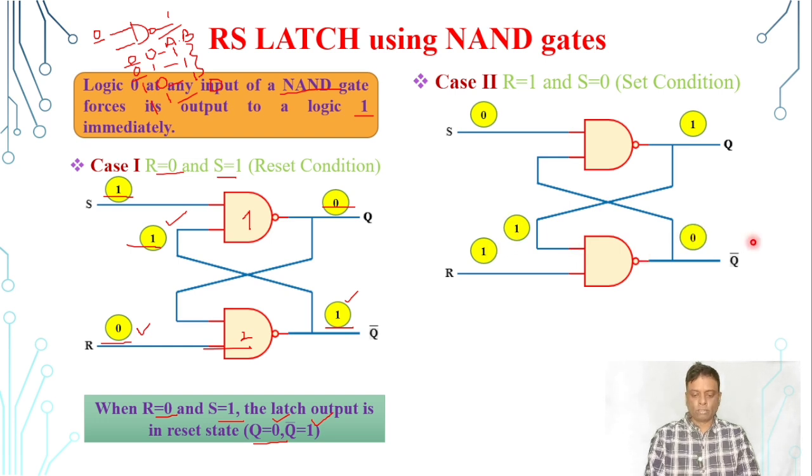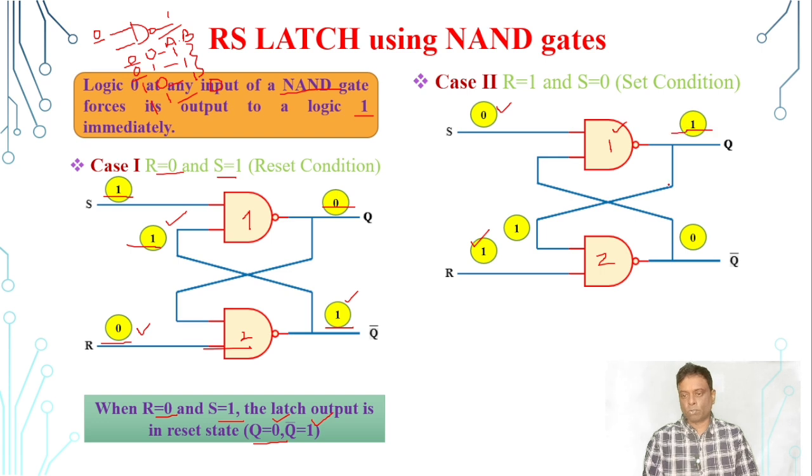Let us see once again. This is our NAND gate number 1 and this is our NAND gate number 2. We are applying S value as 0 and R value equal to 1. If any input of the NAND gate is 0, it forces the output to be 1. So NAND gate 1, as the input is 0, the output will be 1.